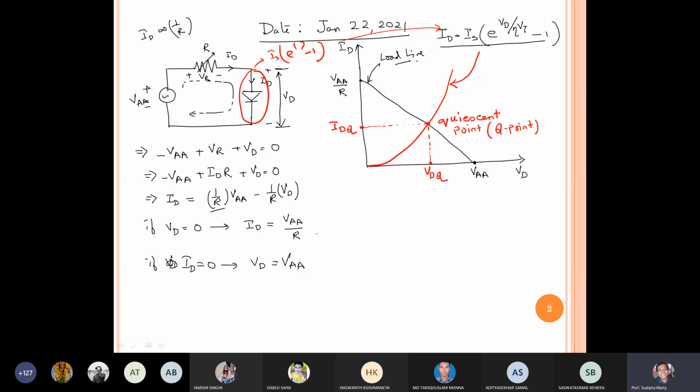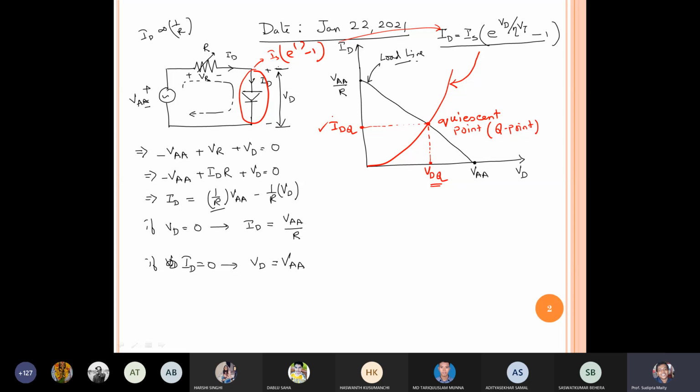If we want a stable solution, that means no change in the output current. If we want stable operation in a circuit which is using a diode, then the circuit will operate without any distortion if the voltage across the diode is fixed to VDQ, and the corresponding current will be IDQ.